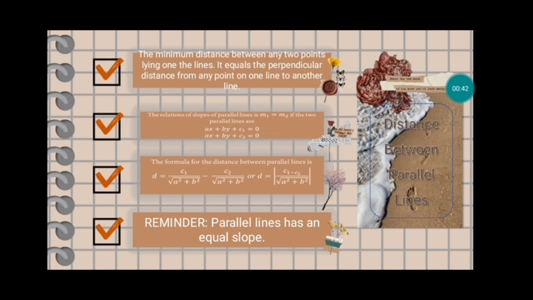The formula for the distance between parallel lines is distance is equal to c sub 1 over the square root of a squared plus b squared minus c sub 2 over the square root of a squared plus b squared, or in shortcut form, the distance is the absolute value of c sub 1 minus c sub 2 over the square root of a squared plus b squared, since the two lines have the same a and b. Reminder that parallel lines have an equal slope.